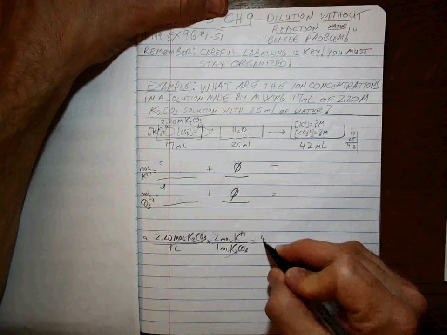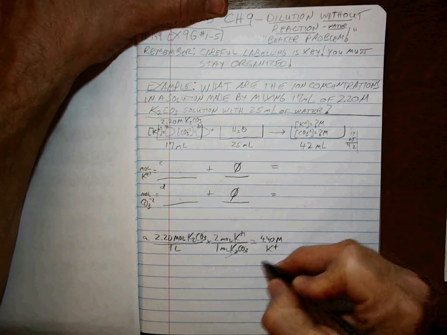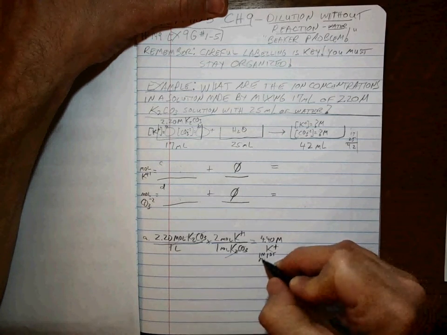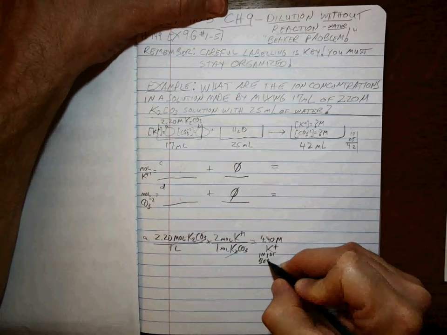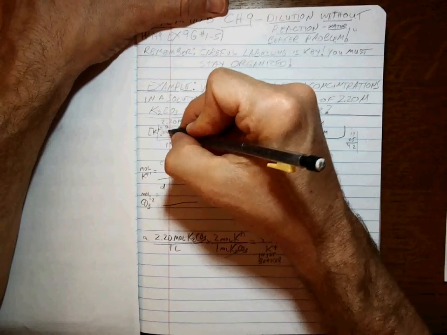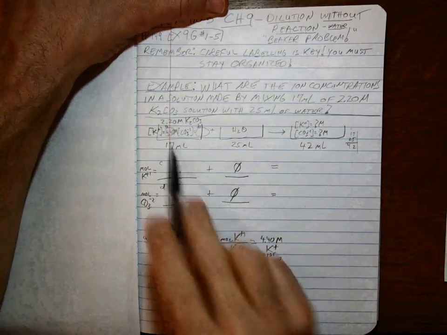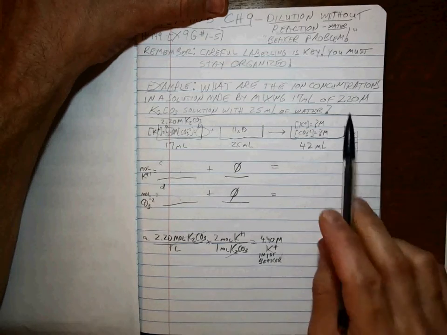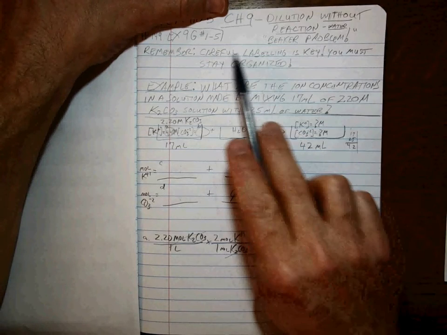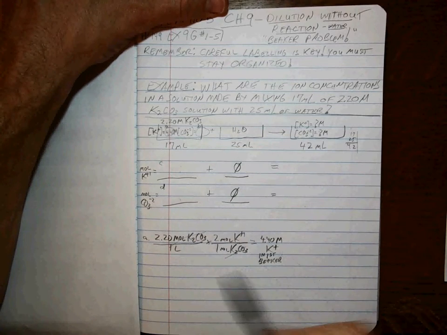So that's 4.40 molar K plus in the first beaker. I like putting that information carefully in the wording. That's what I mean by staying organized and carefully labeling, so I know where I'm calculating what.